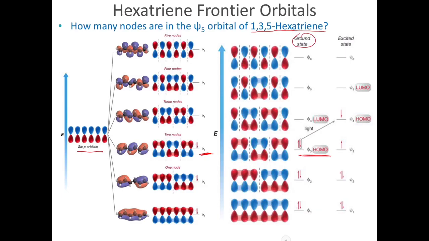Okay, then we move to the excited state. In the excited state, that means we are using light. When we use light, the HOMO is redefined. So when we do the reaction by using heat, then we consider the HOMO to be the actual one.